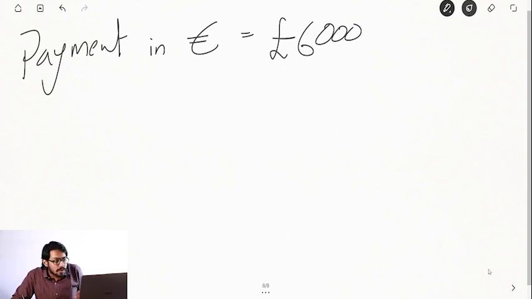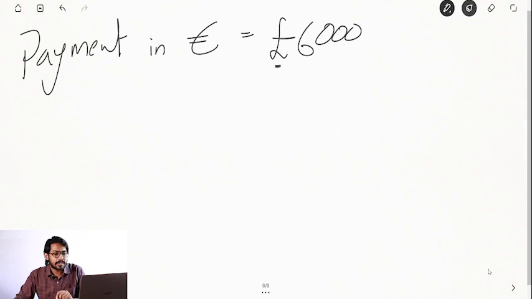That's what you are finding out. Do you have 6,000 pound with you? You don't. You have to pay 6,000 pound. To pay it, how many euro do you have to convert? Always understand the words: you are converting euro to pound.